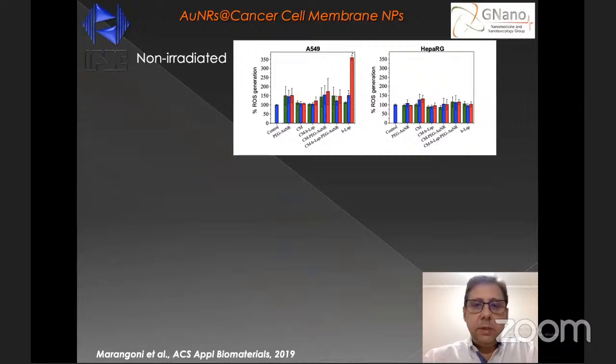We then proceeded with the in vitro tests. Initially, without irradiation, we checked the cytotoxicity of the nanocapsules using the cancer cell line and the normal cell line, HepaRG, which is a normal cell line from the liver. And as we can observe, in terms of reactive oxygen species generation, the nanocapsules are not toxic.